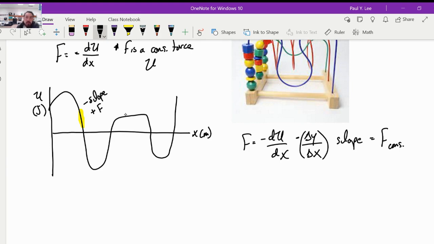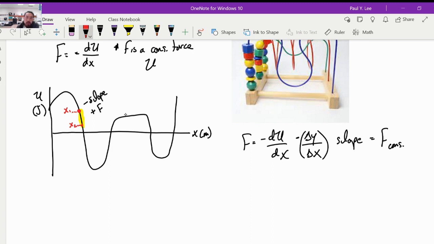If we were to take a look at the baby toy, let's imagine that there's a bead. If we put the bead right here, it has a certain amount of potential energy because it's at a height above zero. In order for the bead to go from this position, which we'll call position 1, to position 2 right there, the conservative force, which in this case is the force of gravity, will be pulling it in the downward direction.